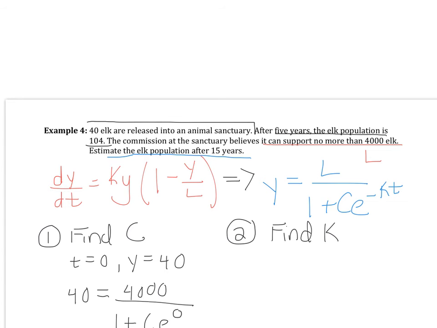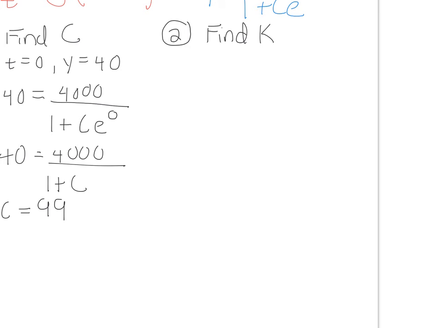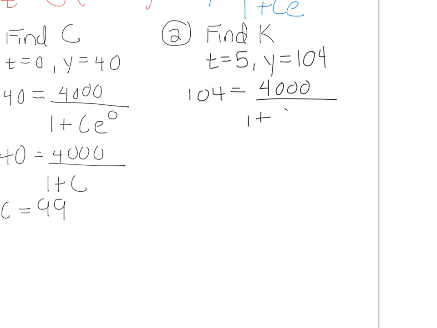So basically, at t equals 5, we know that y is 104. Hooray! So we can say that 104 must equal, again, L is 4,000, over 1 plus, now we know C is 99, e to the negative kt, and we know that t is 5, so to the negative 5k.